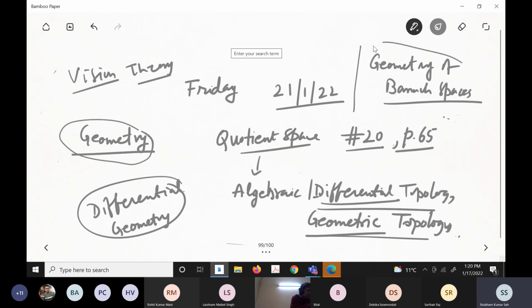But how to do it in Banach spaces, where you may not have the concept of orthogonal elements? The geometry of Banach spaces is much more difficult, and people still try to do that. In fact, there's an area called geometry of Banach spaces. That means geometry has to be there. Even if you go for higher studies, PhD, somewhere geometry has to be there. When you go for a company job, somewhere geometry will have to be there.